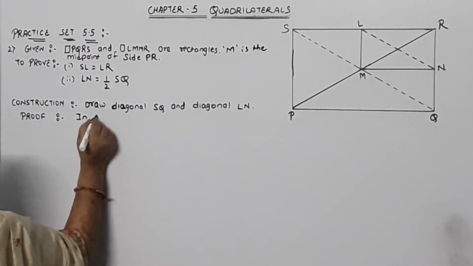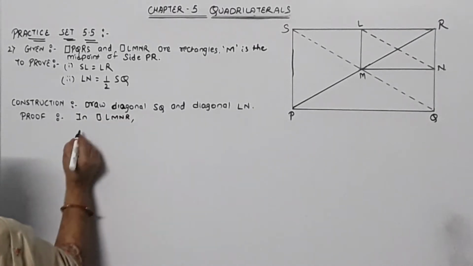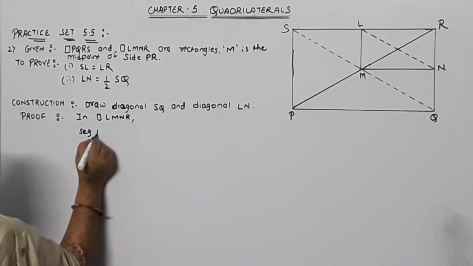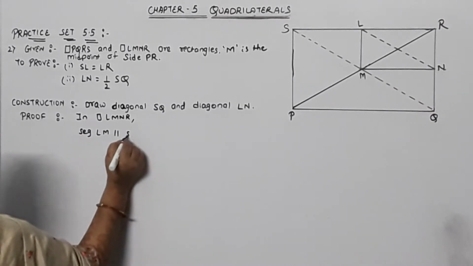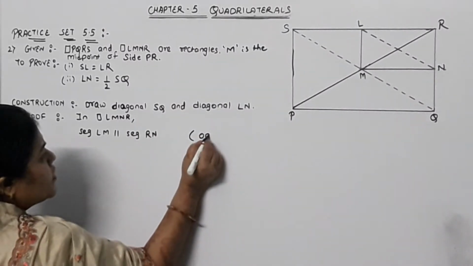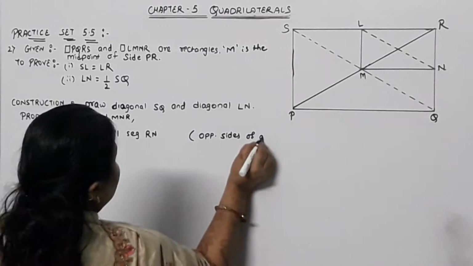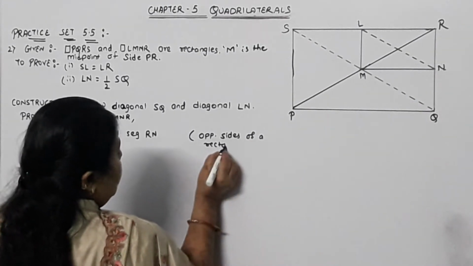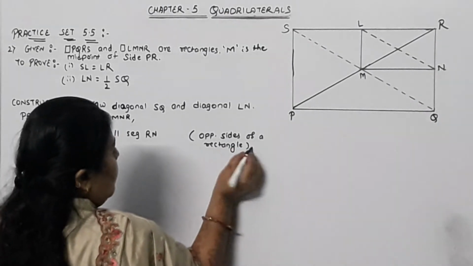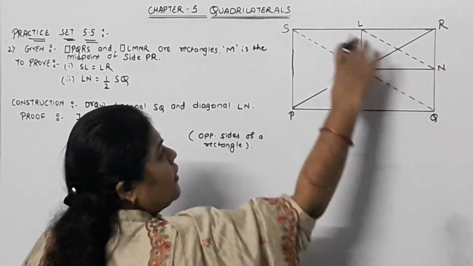In quadrilateral LMNR, seg LM parallel seg RN. Reason is opposite sides of a rectangle. Therefore, if LM is parallel to RN, it means what?